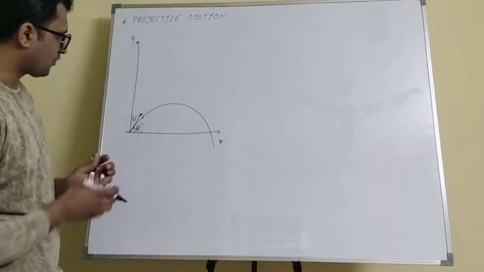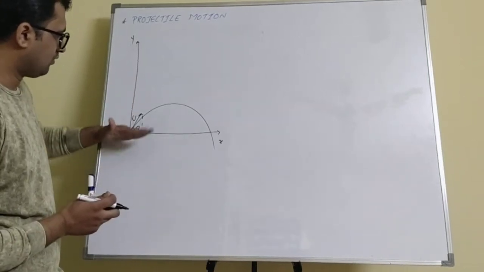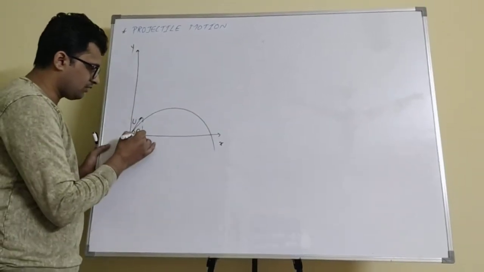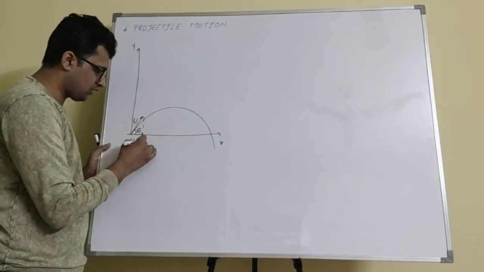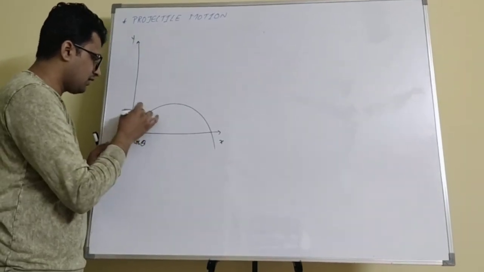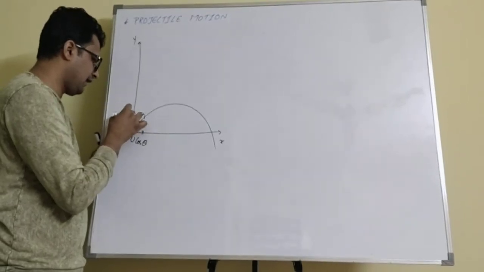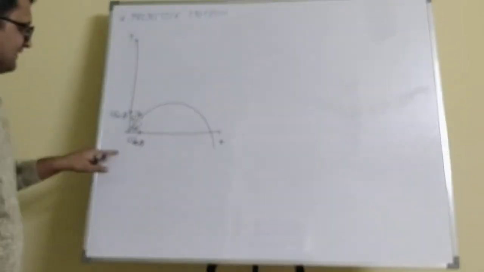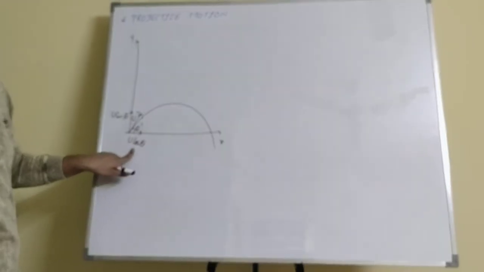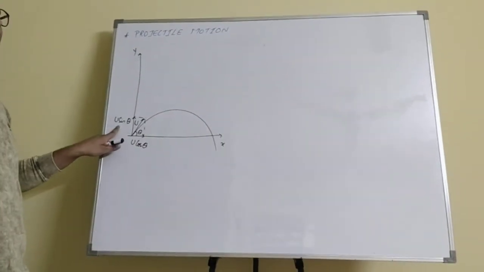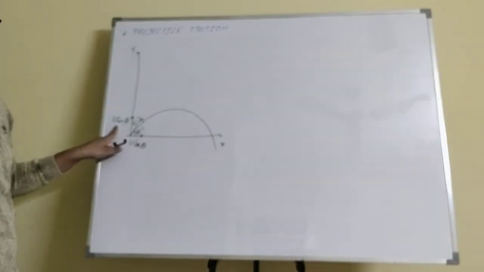Now I am doing its components. Its component on the x-axis will be u cos theta, and on the y-axis its component will be u sin theta. So these are our initial velocities in x as well as in y direction.